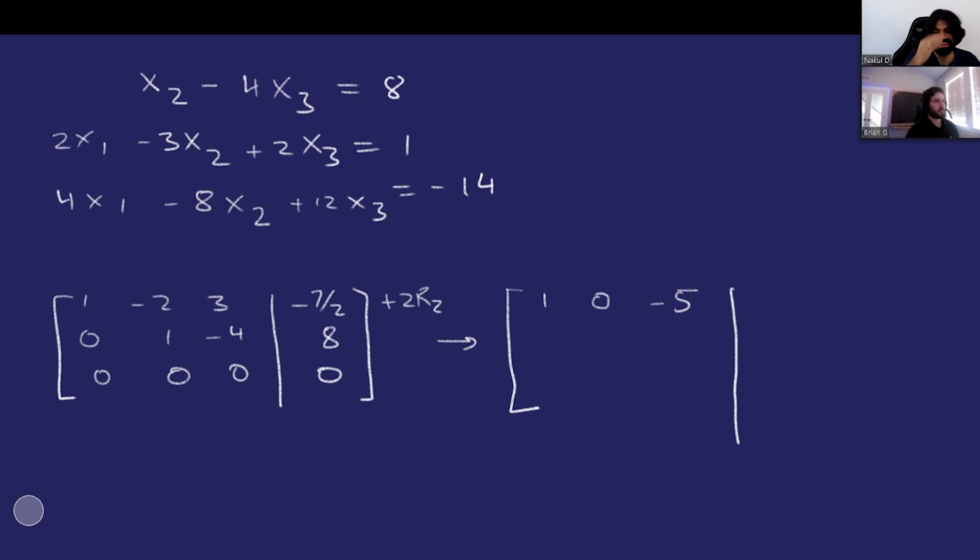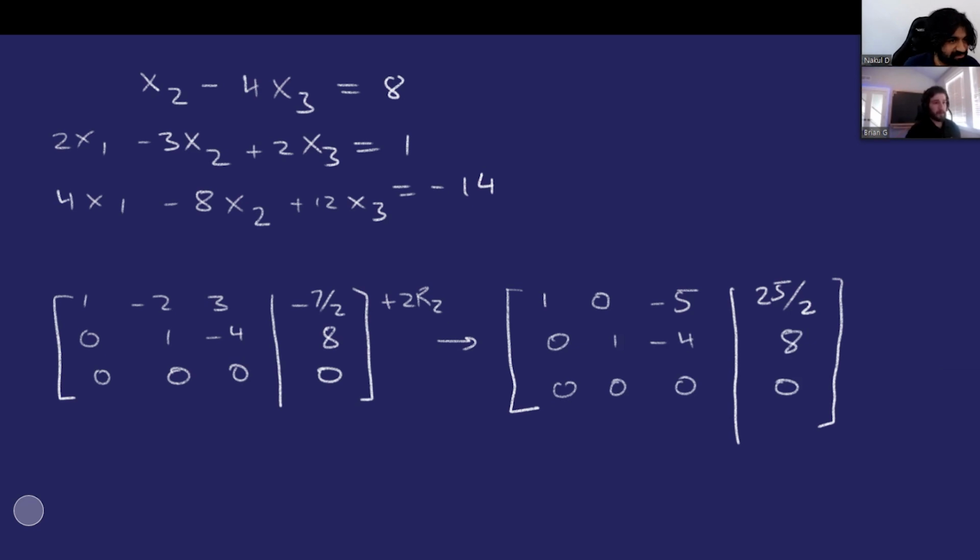This one's a little trickier: -7/2 plus 16 is what? 32 over 2 minus 7 over 2, which is 25 over 2. Very good. And then 0, 1, negative 4, 8, and 0, 0, 0.